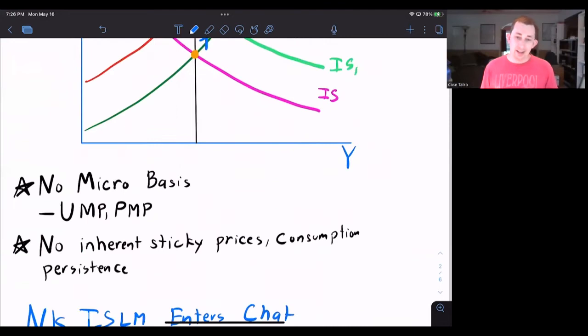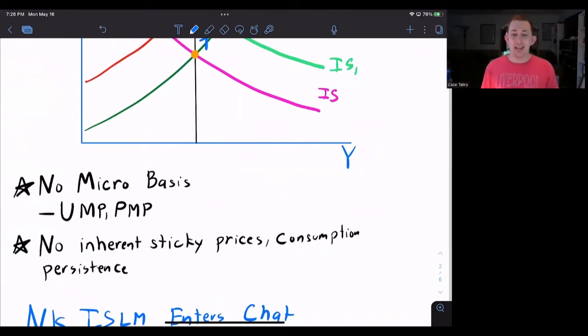Again, that old Keynesian has no micro basis, and some aspects of reality are kind of lacking from old Keynesian ISLM. For example, in old Keynesian ISLM, we assume that the prices can jump. So you could be in the middle of filling your car at a gas station. It's $3 a gallon, and then halfway through, you find out that the price per gas jumped to $3.50. And we say, well, in reality, that doesn't really happen.